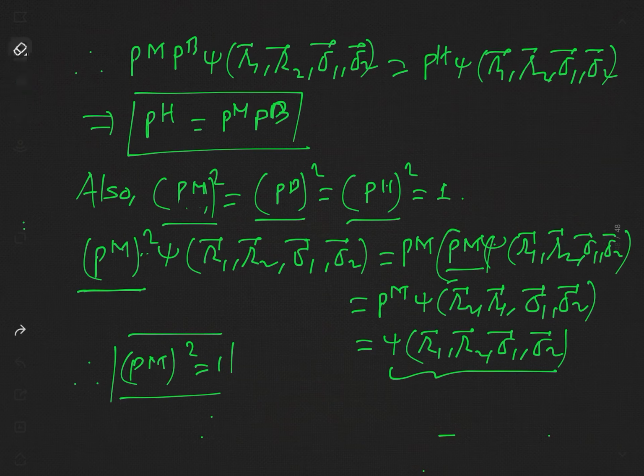It is very easy to see here that in the similar manner, as I have told you, you can see this PB square will be equal to PH square, and all these will be equal to 1.